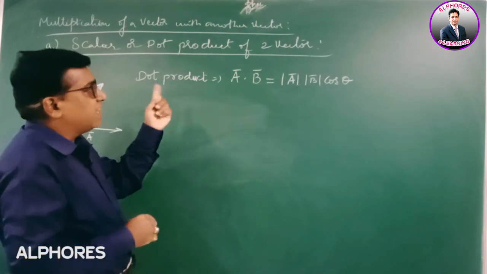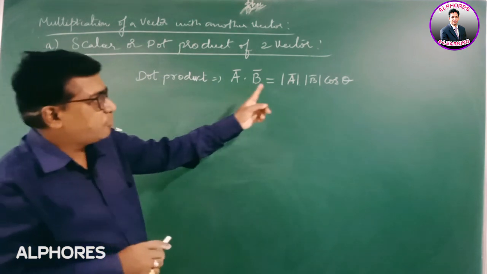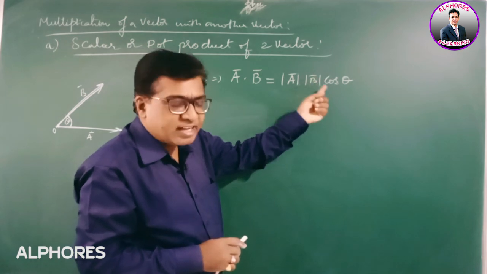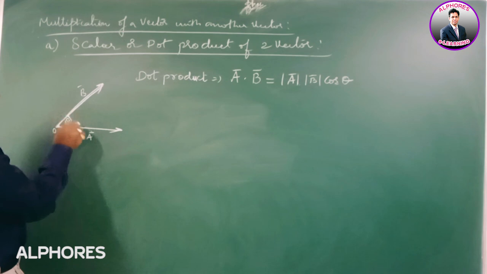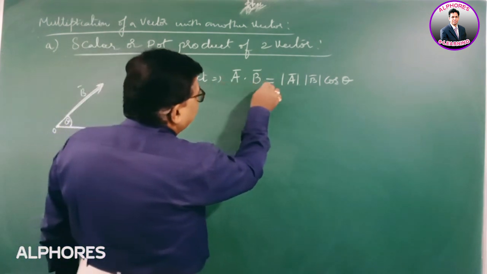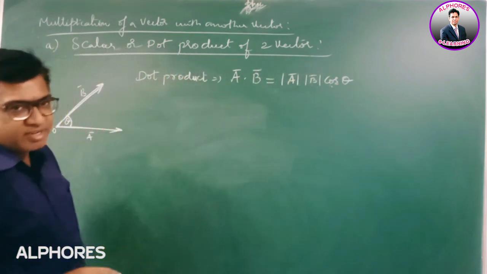Now the scalar product or dot product of vectors is defined as the product of the magnitudes of the vectors and the cosine of the angle between the two vectors. Therefore A bar dot B bar is mod A mod B cos theta. This is the formula.